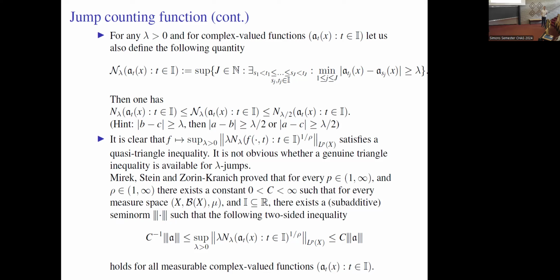So it suffices that we find j intervals such that on each interval we have a jump of height lambda. Okay, and from this definition, it's clear that this function is larger than the previous lambda jump counting function, because we do not assume that the jumps are consecutive.